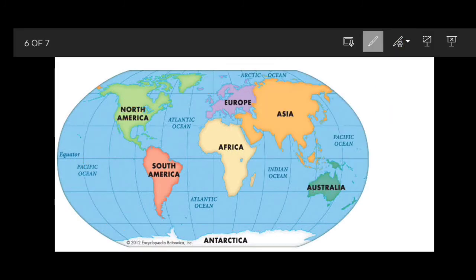This is the Earth. The Earth is divided into land masses and water bodies. These land masses are called continents and the water bodies are called oceans.